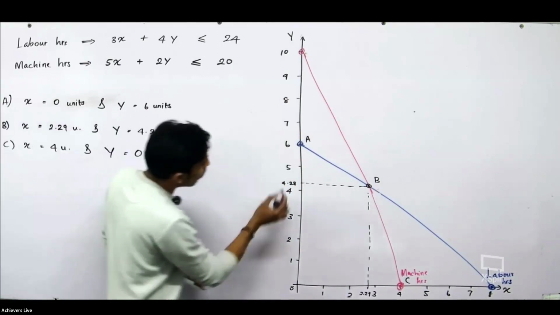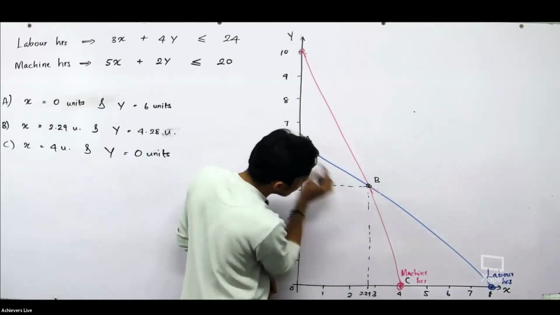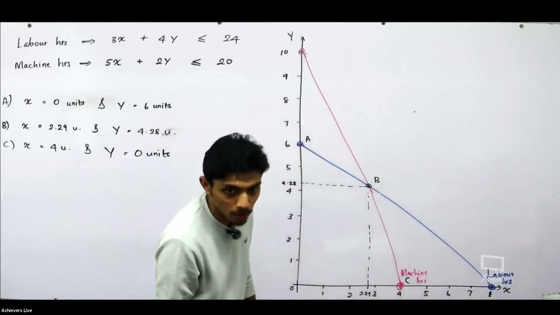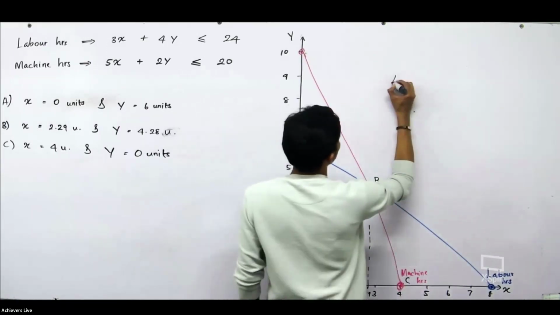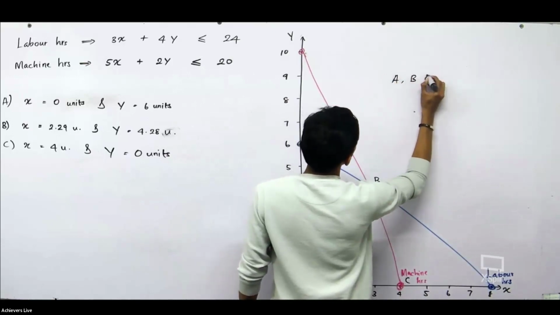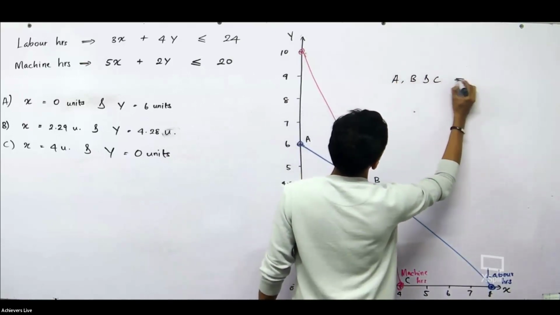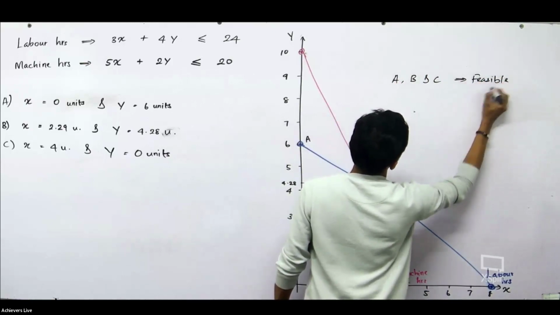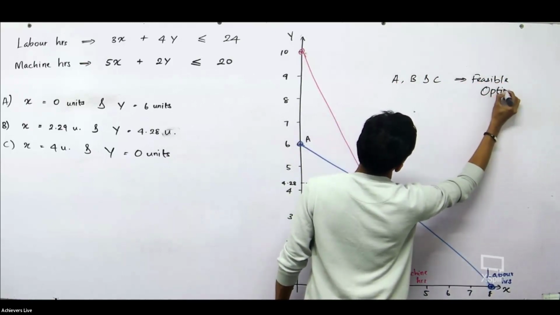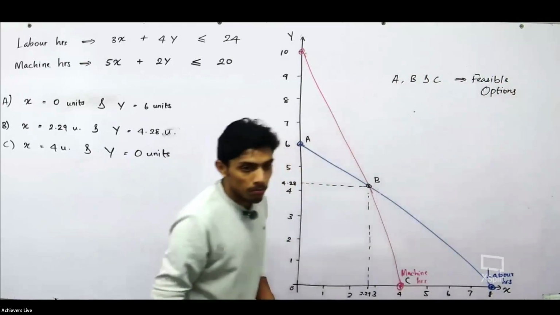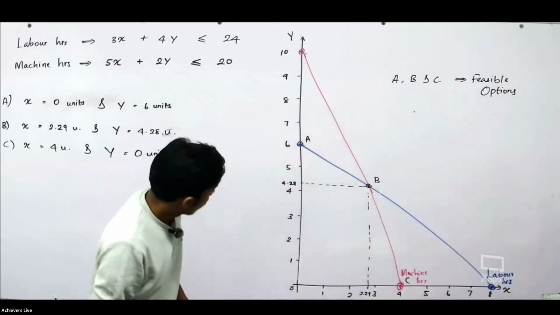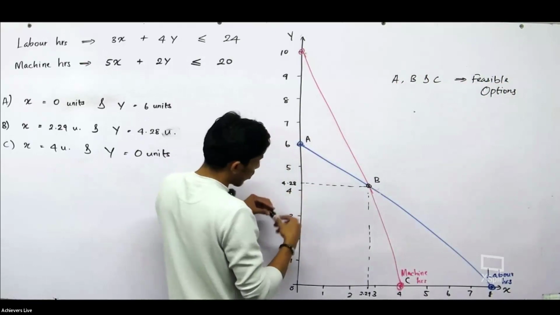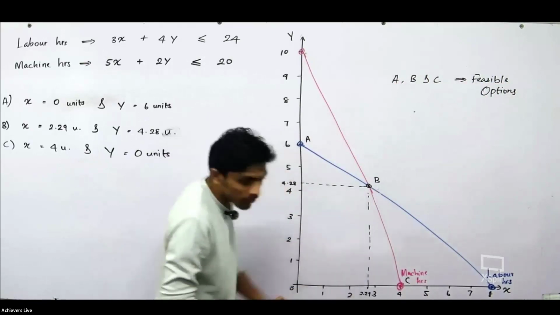For these points, we call them feasible options, feasible points. Clear? So A, B and C, we call them feasible options. For this particular area, we call it the feasible area.